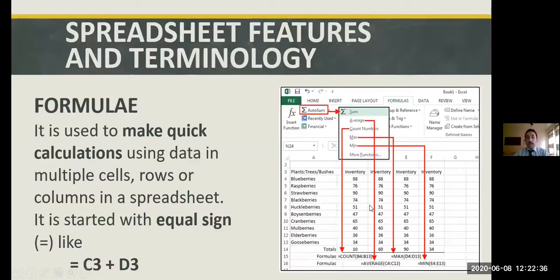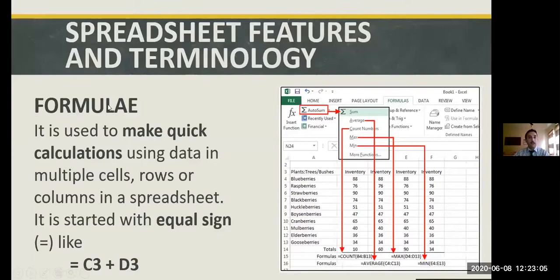Okay, and for example, on this picture, you can see some simple formulae: max number, minimum number of some range, average or count, okay? And at the same time, besides entering your formula, you can calculate your numbers with functions.